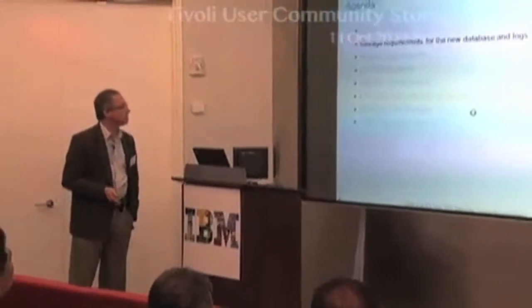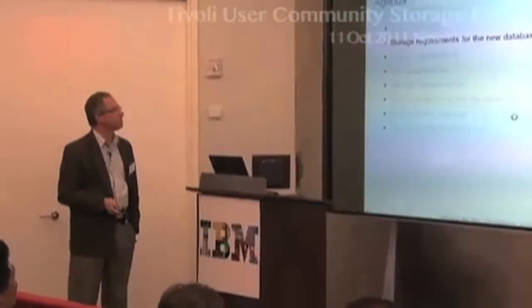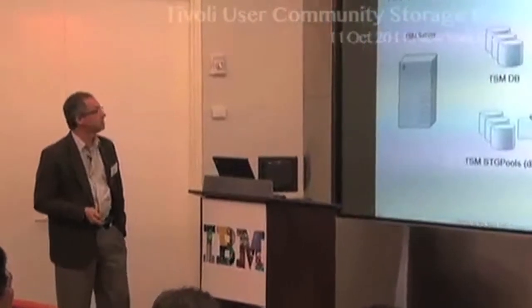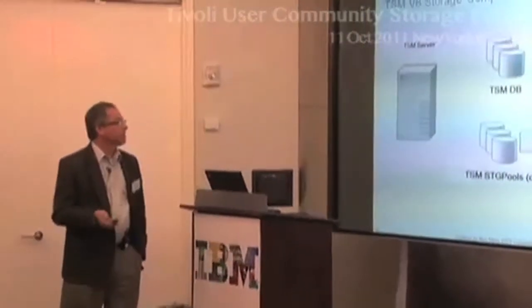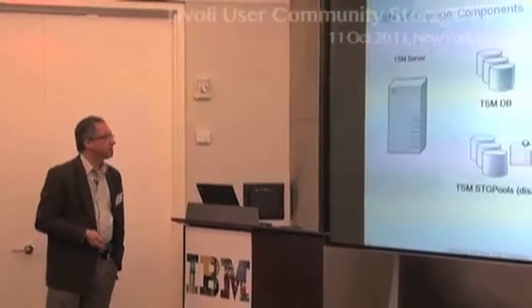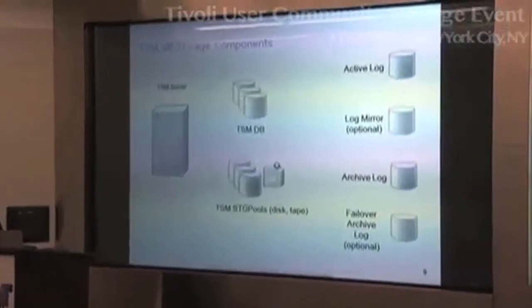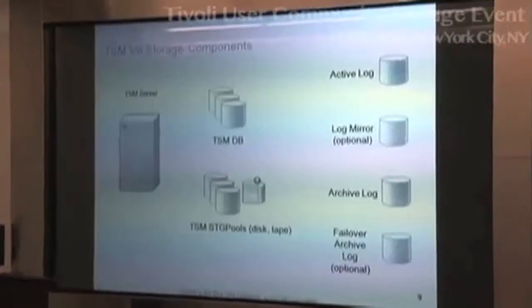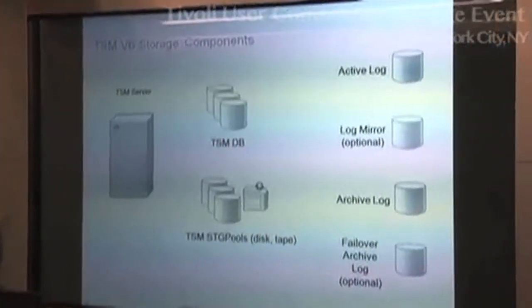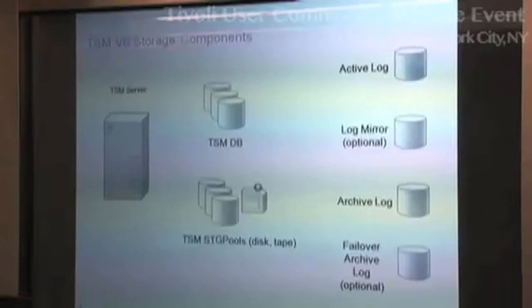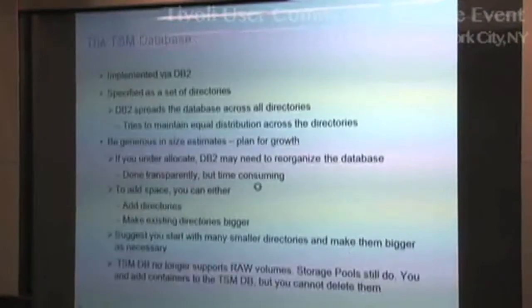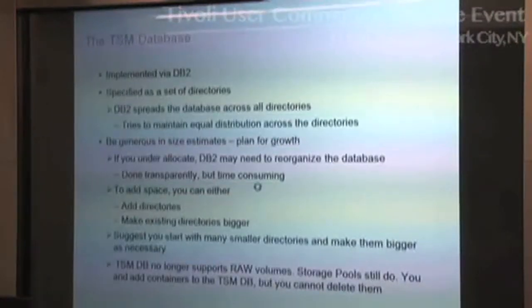So let's get into some of the details of TSM version 6. With the TSM database, DB2, we now have the active logs, a mirror, and the archive, what we call the archive log, and then a failover archive log, which is optional. Essentially, it's DB2.